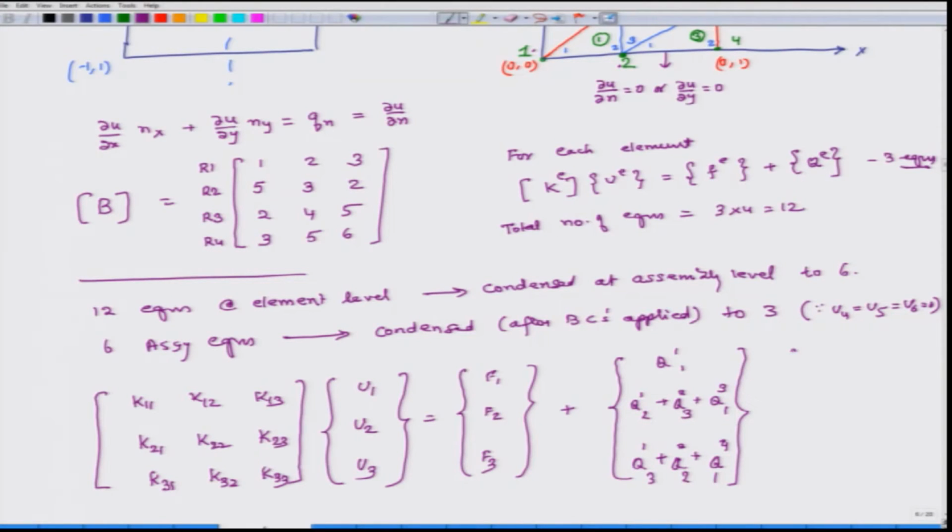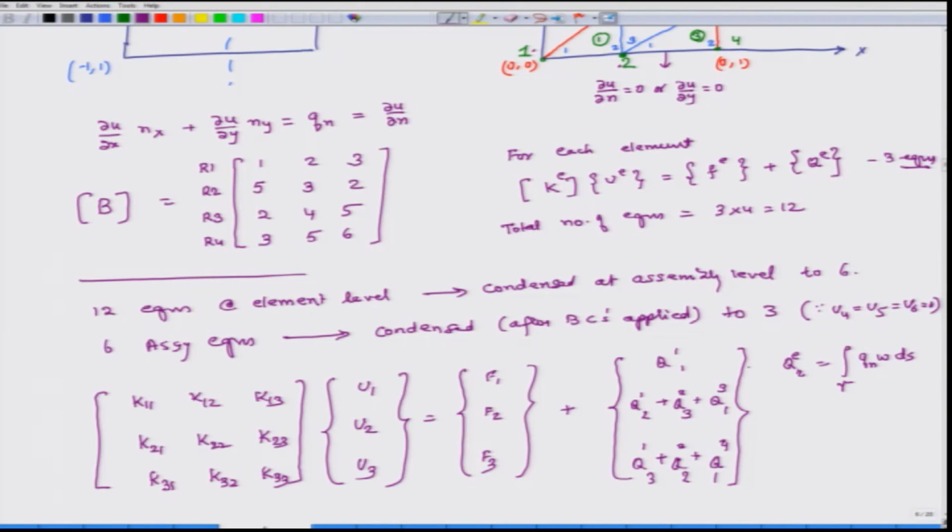We know that Qi for the eth element is Qn W ds integrated over the domain.